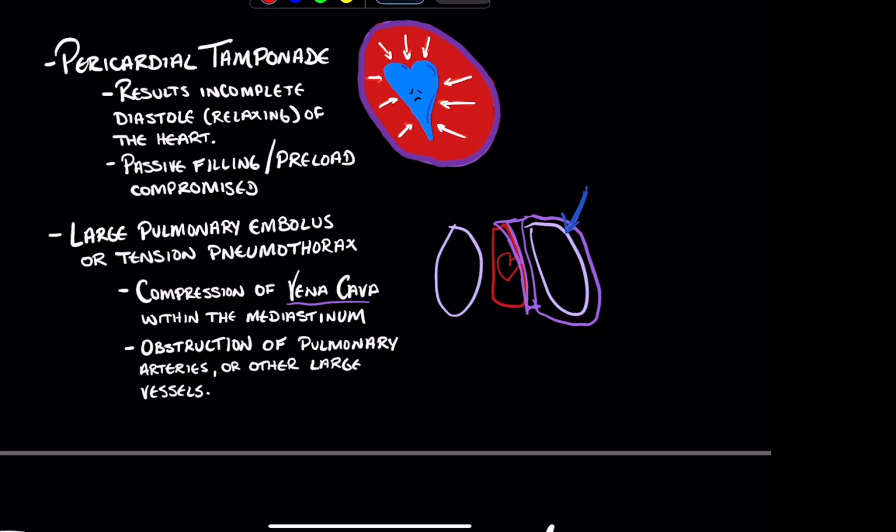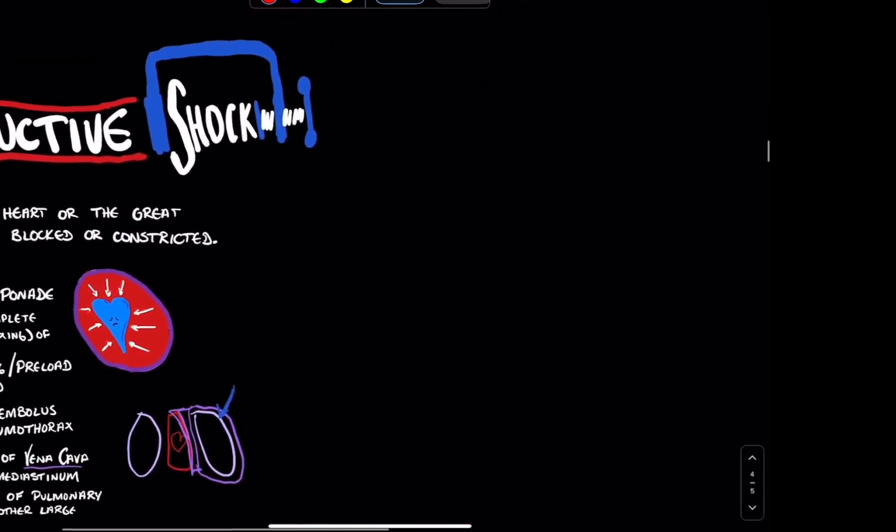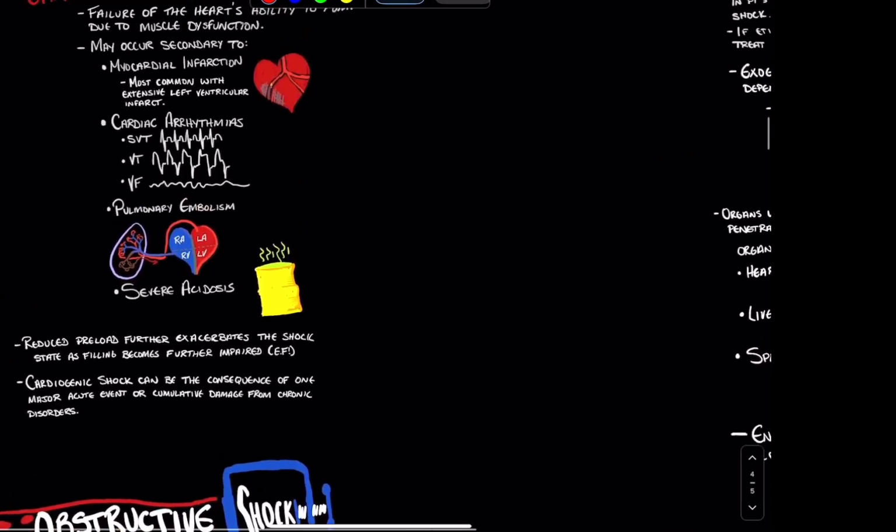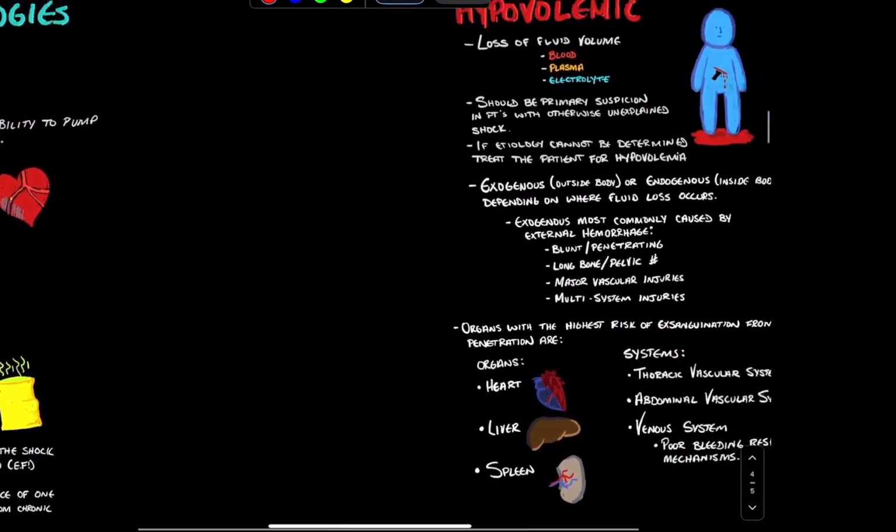It does happen, but we're not worried about that. We're thinking of simply that the blood isn't going to be able to circulate properly through the lungs, and we're going to end up with a decreased amount of blood returning to the heart, which is going to cause a shock state. So that's kind of our obstructive and cardiogenic shock states.